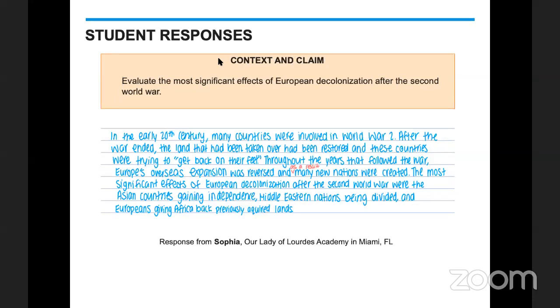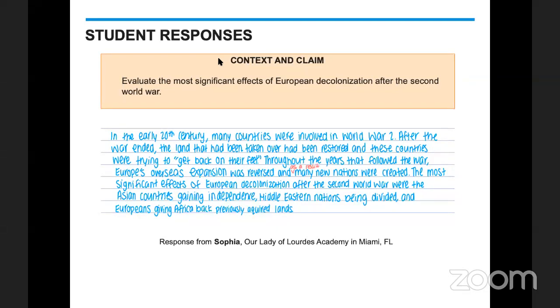The most significant effects, and so this next sentence here is her claim, the most significant effects of European decolonization after the Second World War were the Asian countries gaining independence, Middle Eastern nations being divided, and Europeans giving Africa back previously acquired lands.